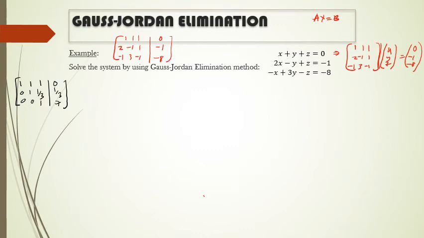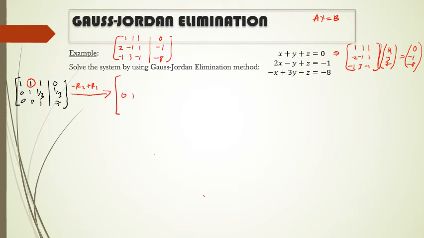So for this example, I will just continue. Just now we stopped here and found the Gauss elimination. But for Gauss-Jordan, we need to continue until we get the identity. So here 1, 0, 0. So here we want to get 0. So we perform negative R2 plus R1.